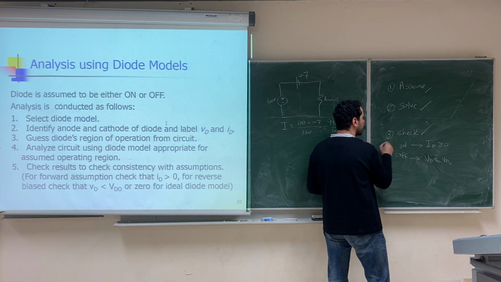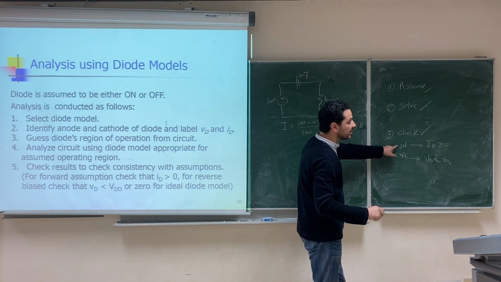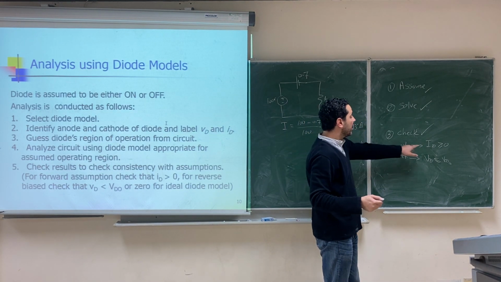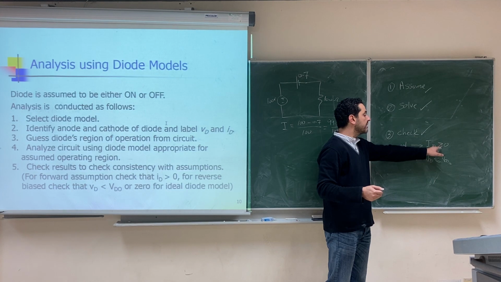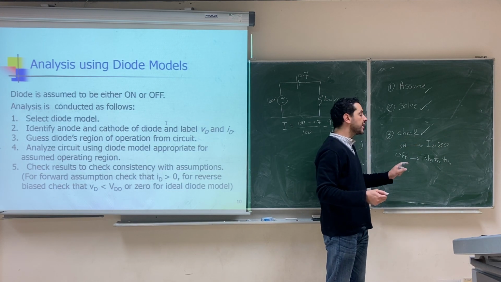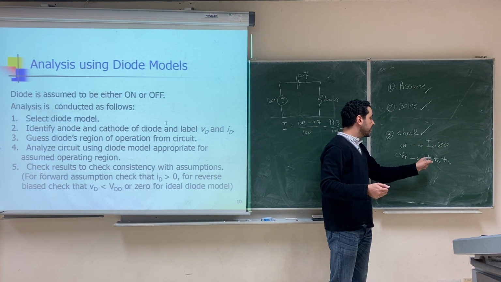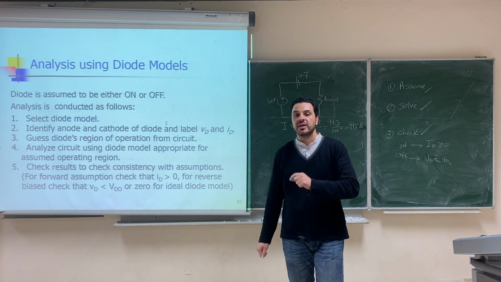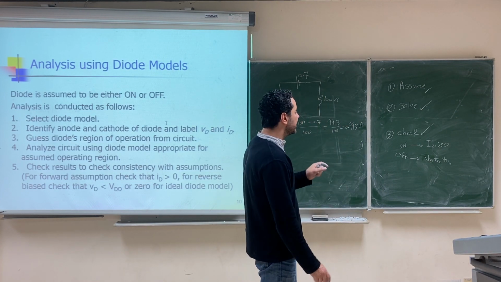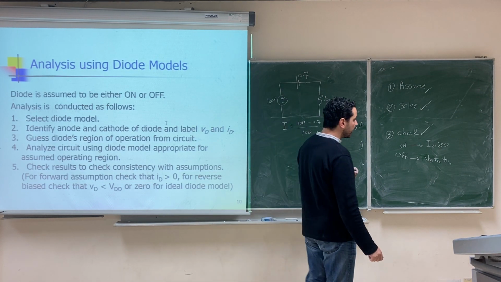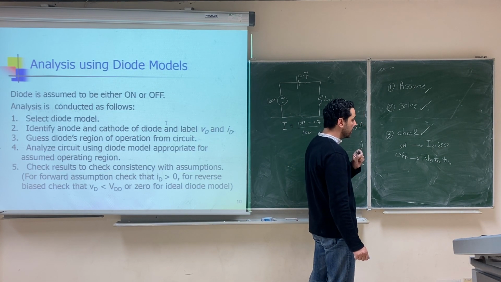So for the diodes that you assumed on, you check that ID, their current, is greater than or equal to 0. For the diodes that you assumed off, you check that their voltage is less than or equal to VDO, the threshold voltage.